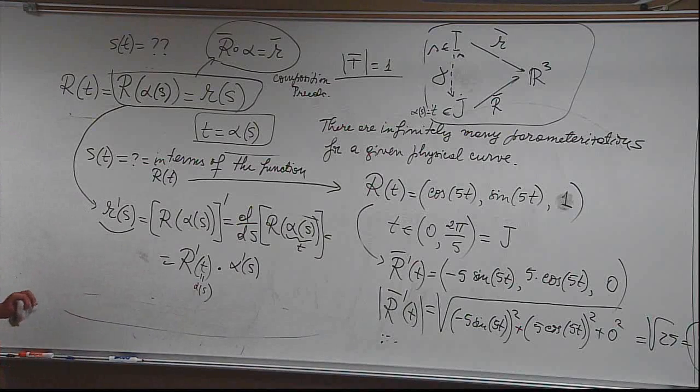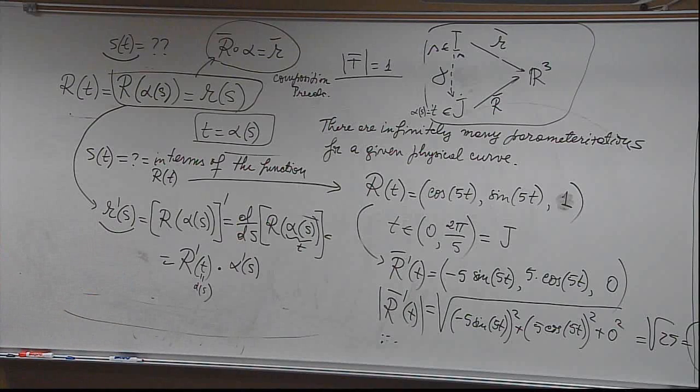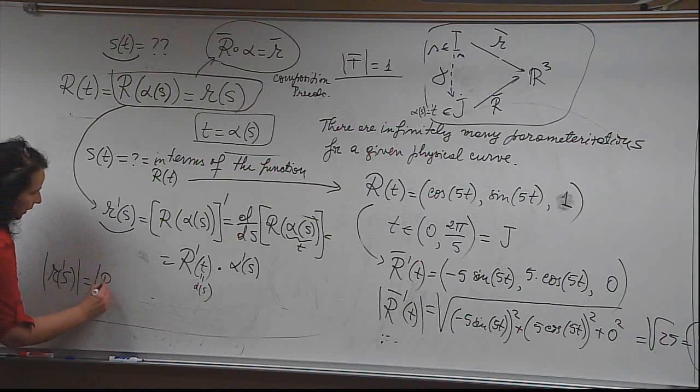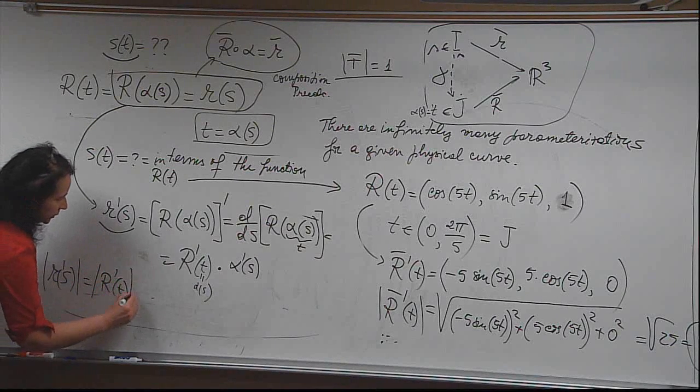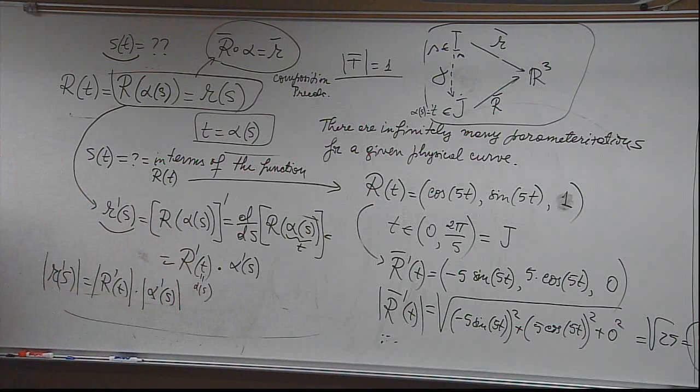All right, so I would like to understand how I want to define s of t. If I take this in absolute value, the absolute value of r prime of s equals the absolute value of r prime of t times the absolute value of alpha prime of s. What do I get?